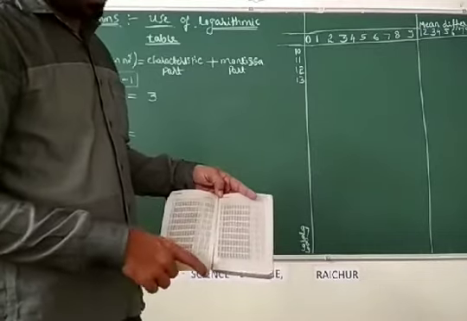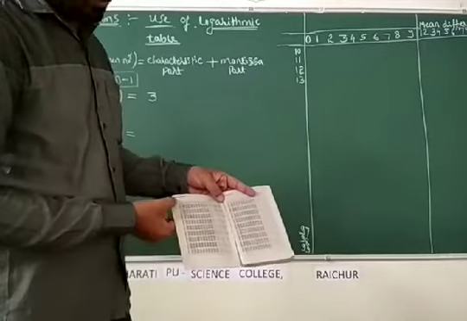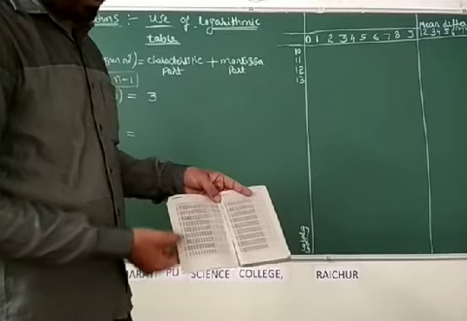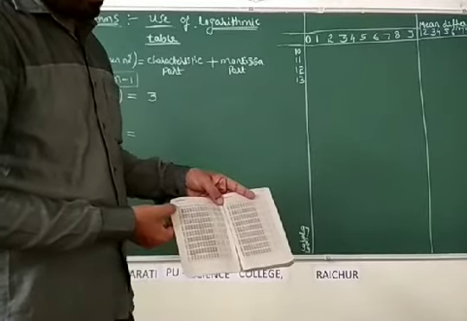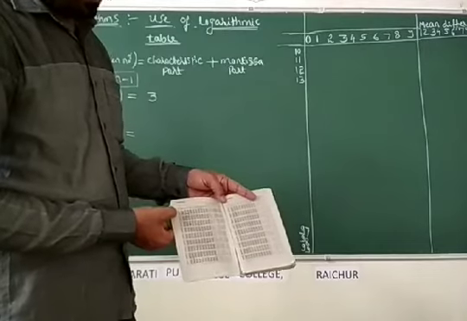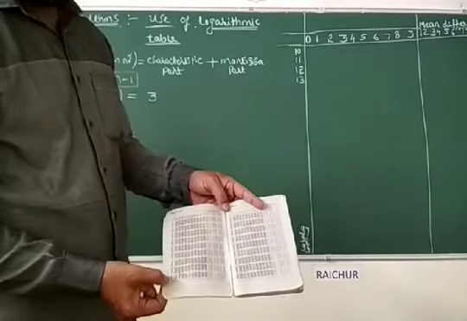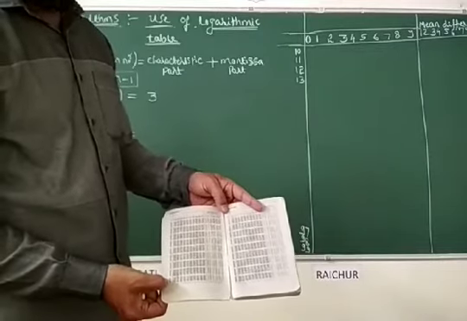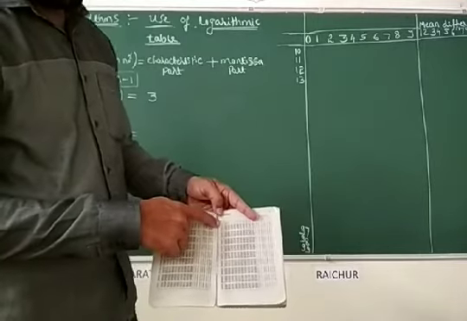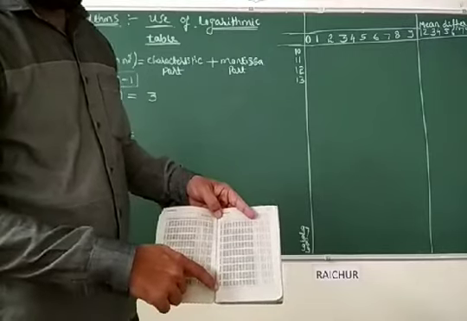rows and columns there. In page number 2 and 3, at the extreme left column of this logarithmic table, the numbers start from 10, 11, 12, 13, 14, 15 like this up to 54, and the same is continued in the next page, that is from 55 to 99.